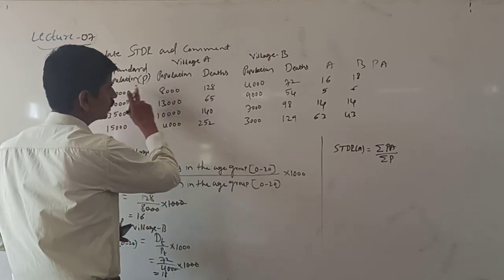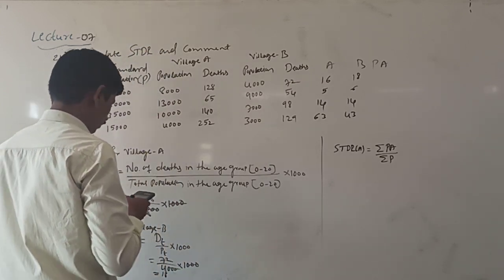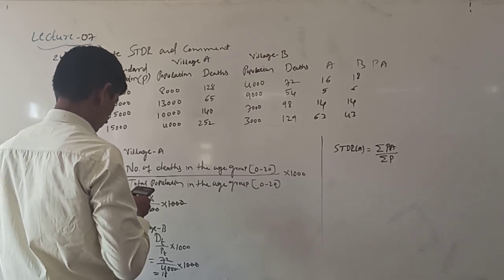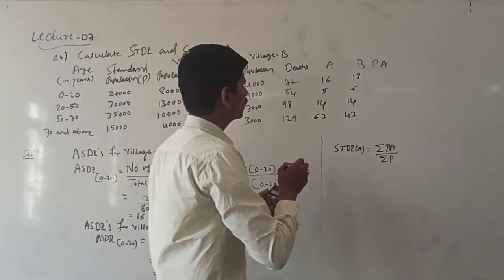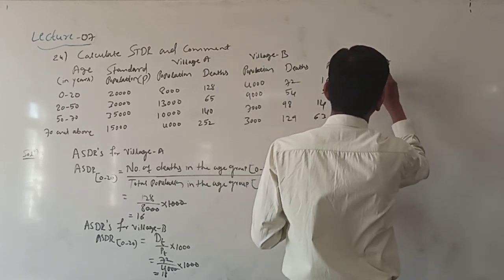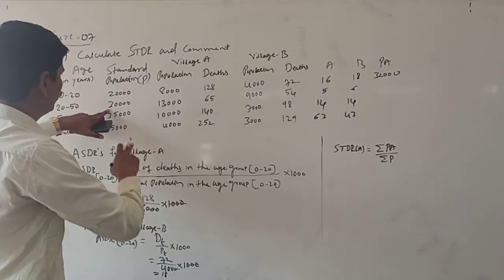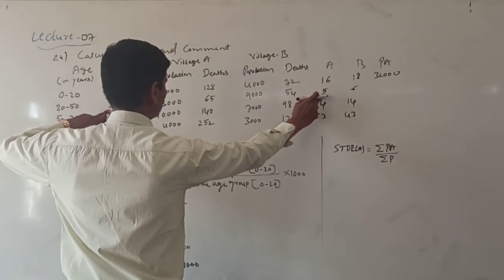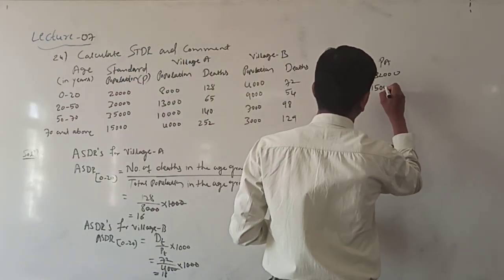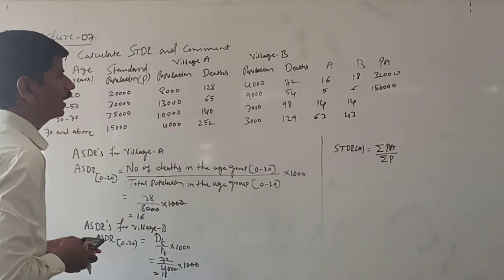The P value is the standard population, that is 2000 into 16, then we will get 32,000. The next P value, standard population into A, that is 3 5s are 15, that is 5 into 30,000, then we will get 1,50,000.